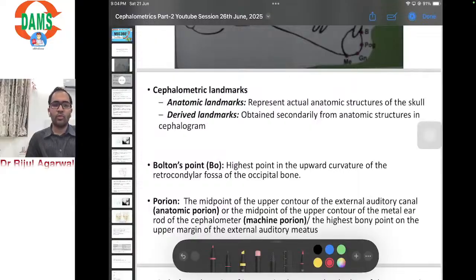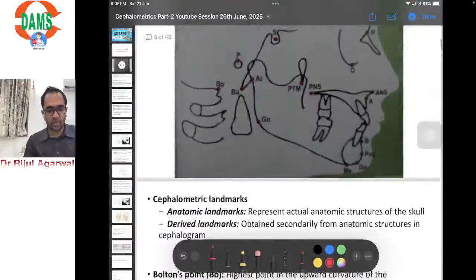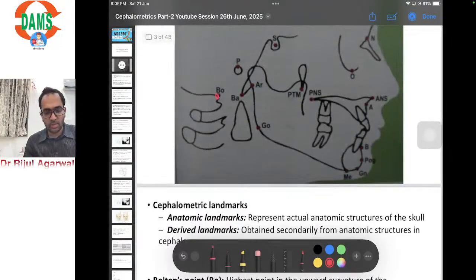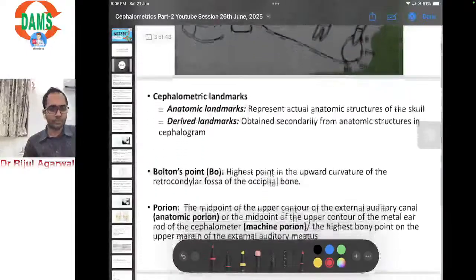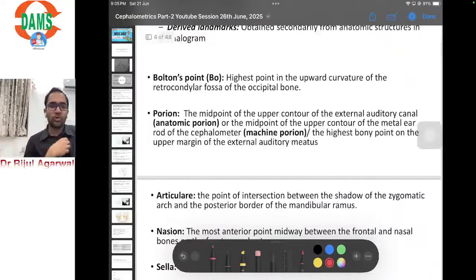So what are these landmarks? First is the Bolton point. This is the highest point on the upward curvature of the retrocondylar fossa of the occipital bone, represented by the symbol BO. Porion, as I told, is the entrance or the upper contour of the external auditory canal. It is broadly of two types, anatomic and machine porion.